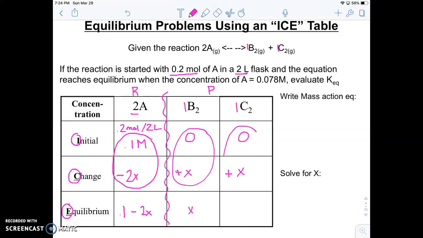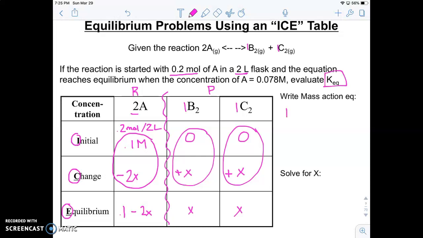And for C2, 0 plus x, again, is just x. Okay? So now, guys, if I have some way to solve for x, then I can figure out what the concentrations of the reactants and products are when I'm in equilibrium and eventually get my KEQ, which is what the problem is asking me to do.